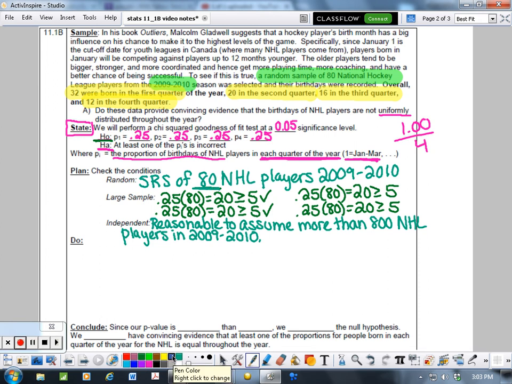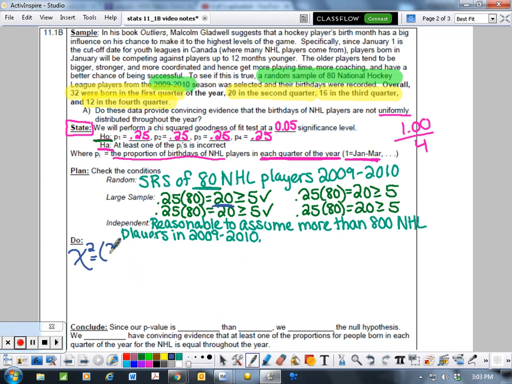So then our next step is to go ahead and calculate our chi-squared. Chi-squared will be our observed. So we observed 32 in the first quarter. We're going to subtract how many we expect, and this is squared. Actually, let me fix that. This is how it should really look.